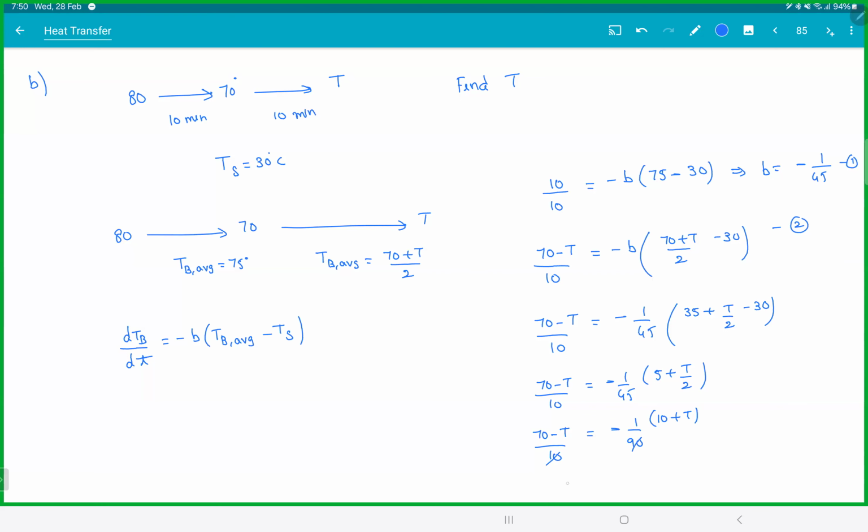Cross multiply. 9 sevens, 670 minus 90 is minus 10 minus T. We get T is equal to 670 by 8, 680 by 8. How much is this?